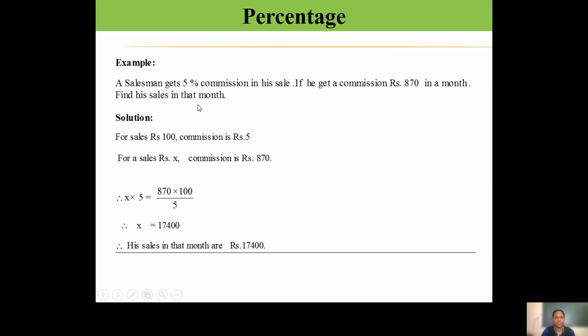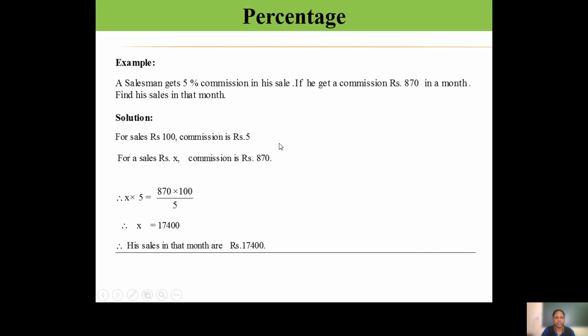The next example is: a salesman gets 5% commission on his sales. If he gets a commission of rupees 870 in a month, find his sales in that month. Let us begin. Suppose for sales of 100 the commission is 5, because 5% commission is given. Then we assume that for sales of rupees x the commission is 870.